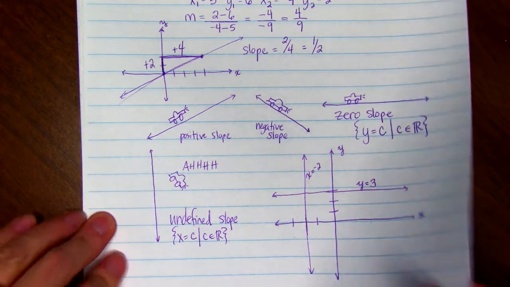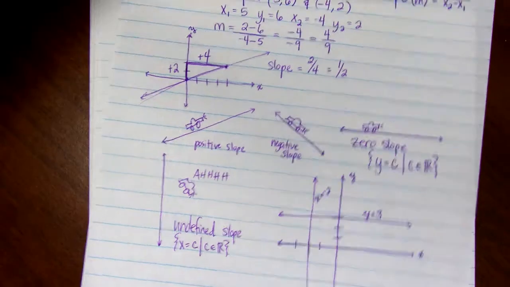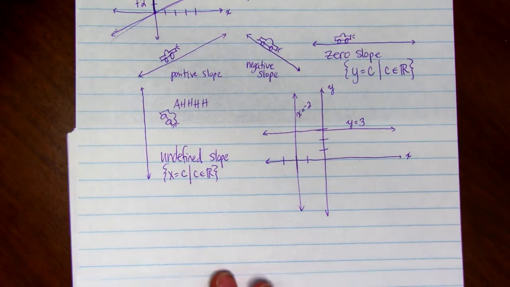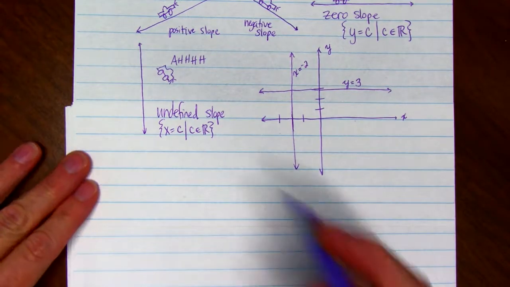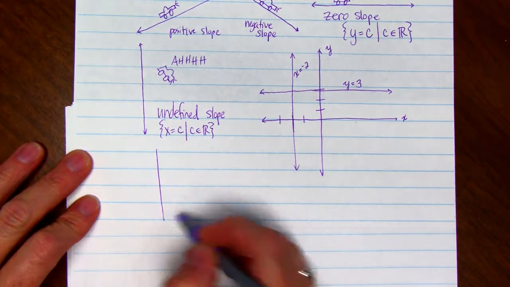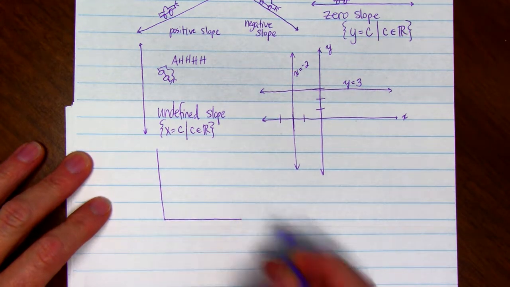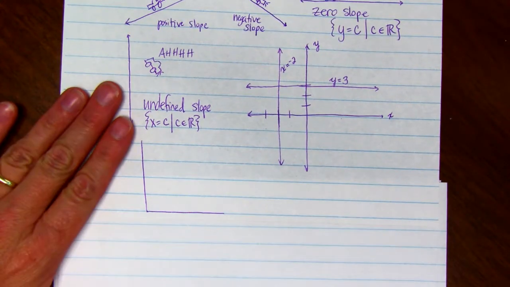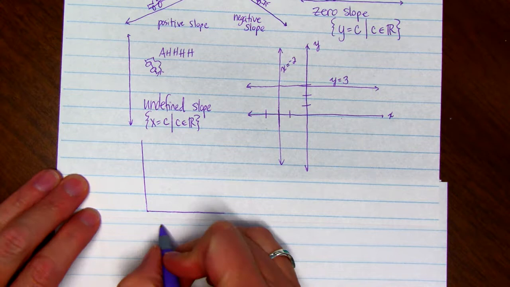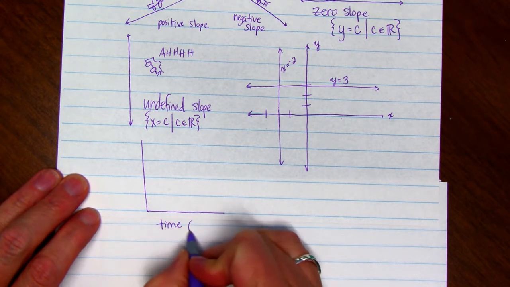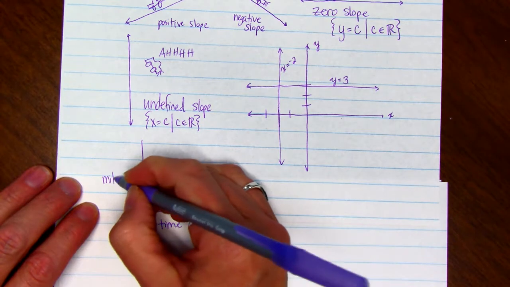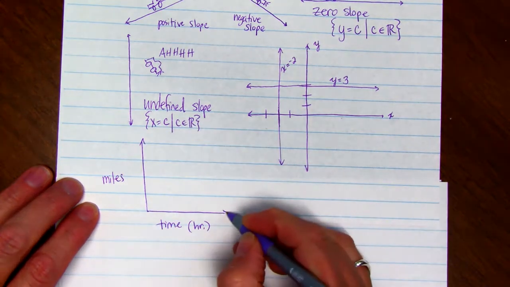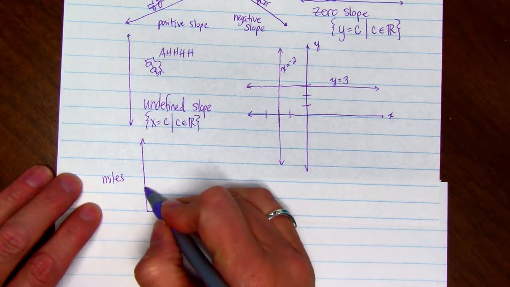One more thing that I need to show you here is if you have a graph, just any graph, and the label on the x-axis is time. Let's say it's in hours. It's just an example. And then we have miles going up the y-axis. So let's say it goes like this.